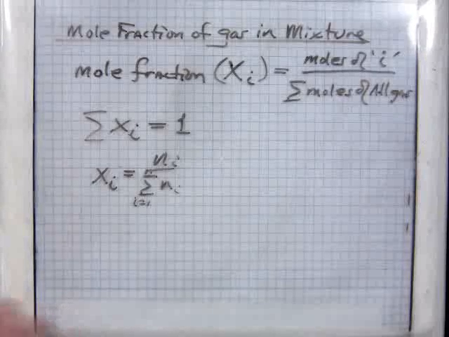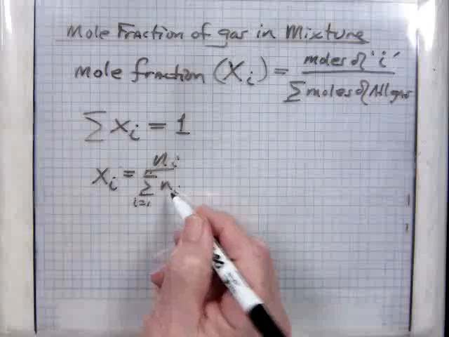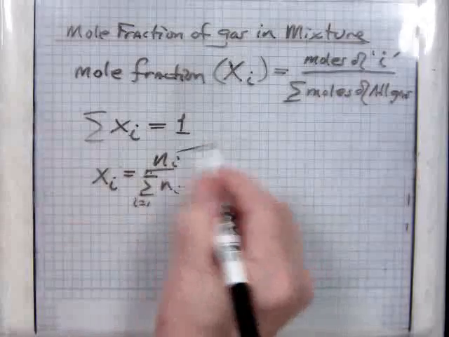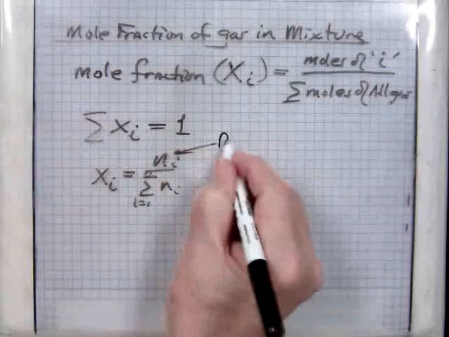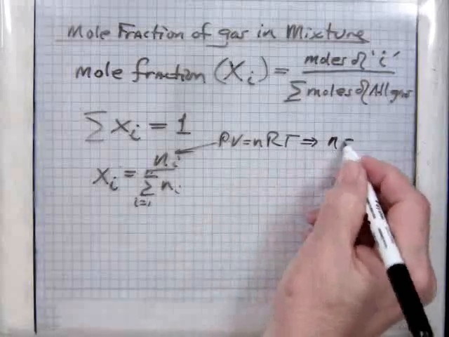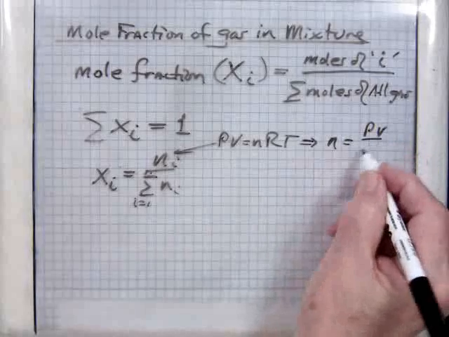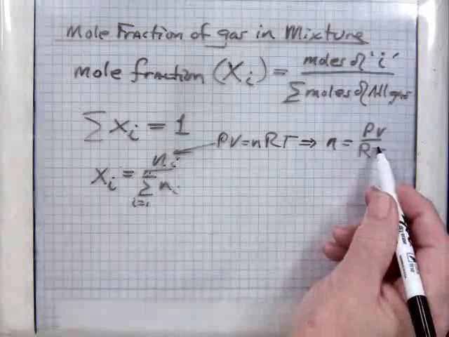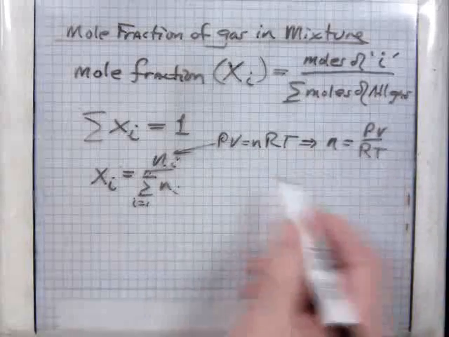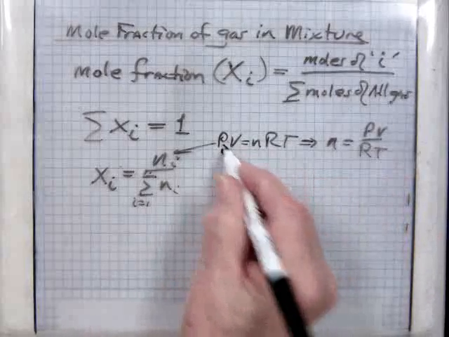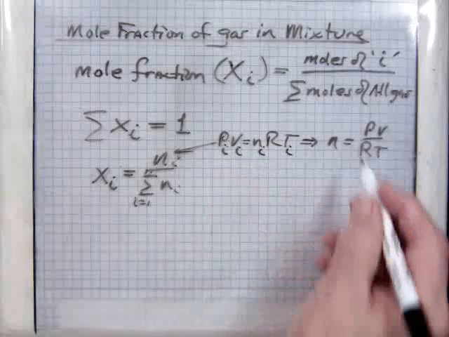Now, where does this come into play with Dalton's law? Well, when we're talking about moles, we're talking about using the ideal gas law. So from the ideal gas law, we see PV equals nRT. We find n equals PV over RT. And so that is related to the ideal gas law in this relationship. If it's an individual component, that would be related to the individual components.